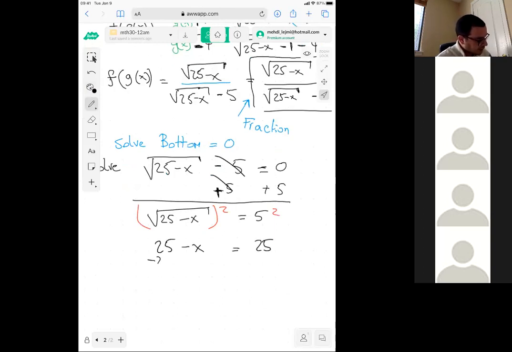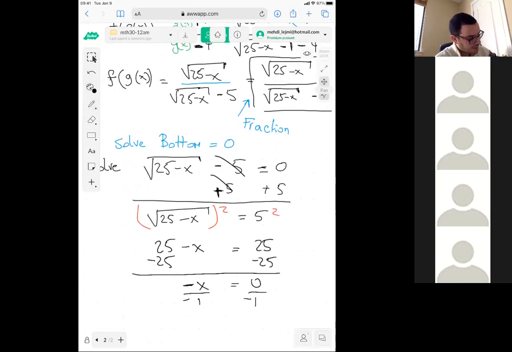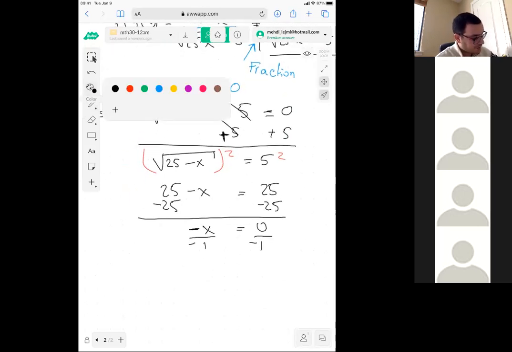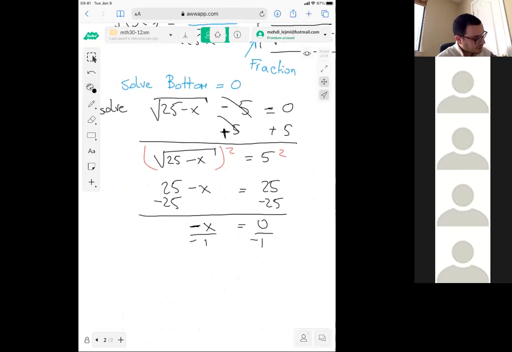You can subtract 25 from both sides, so it's negative x equal to 0. Then divide by negative 1, so 0 over negative 1 is 0. So x is equal to 0, and this is to be excluded.